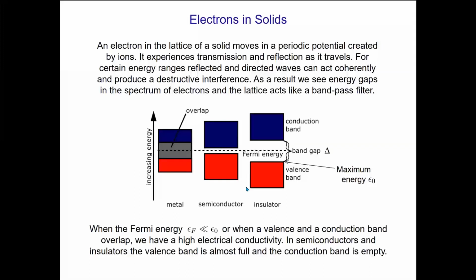And in insulators, correspondingly, this gap is very large. As a result, the probability for electrons sitting in the full valence band, fully occupied, to jump is very small, and the conduction band is empty, no electrons to conduct electricity, and so the electrical conductivity of insulators is very close to zero.